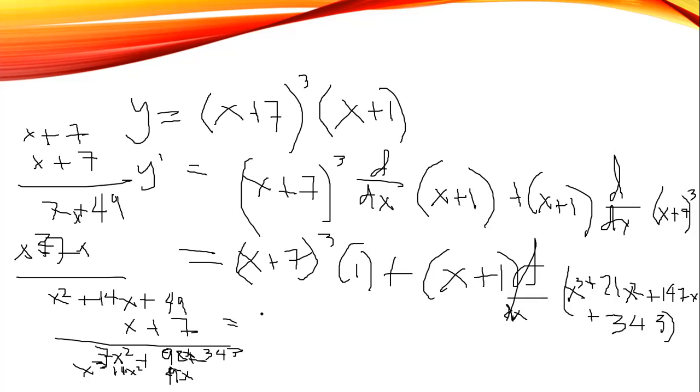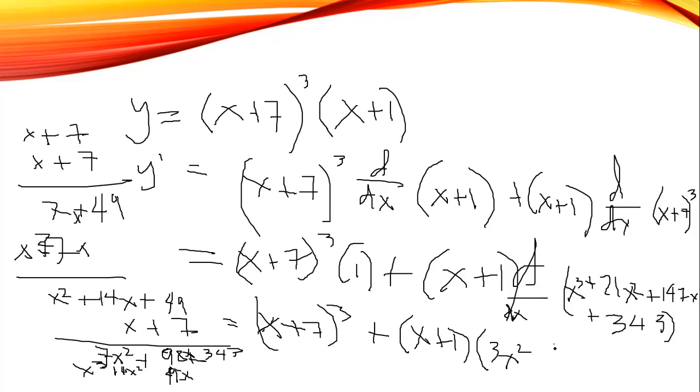So now, since this is 1, we just copy this, x plus 7 cube, and then plus x plus 1, and the derivative of this is 3x squared plus 42x plus 143.